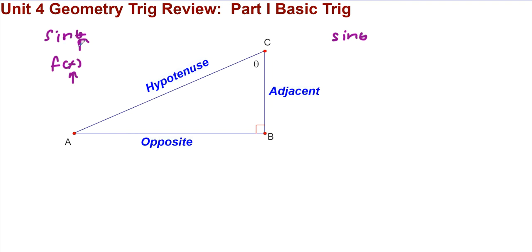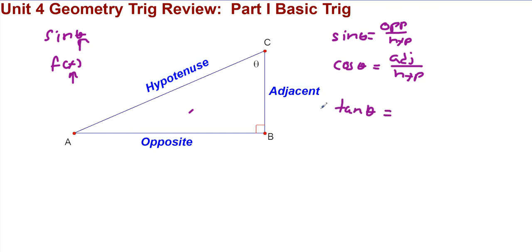This is the ratio of the adjacent over the hypotenuse. Did I say adjacent? Opposite over hypotenuse. Okay, so it's going to be opposite over hypotenuse. And then we have our cosine of theta, which is equal to adjacent over hypotenuse. And of course, our very important tangent function, a very important invention in mathematics, which is going to be opposite over adjacent.